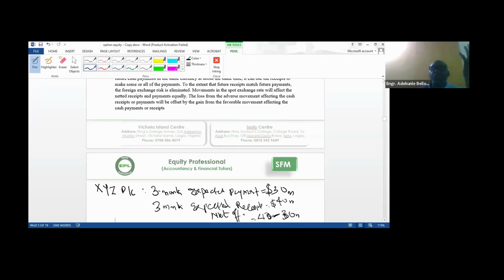If you net this off, we are left with 10 million. The extent to which your foreign receipts can offset your foreign payments. That shows the extent of foreign currency risk reduced.